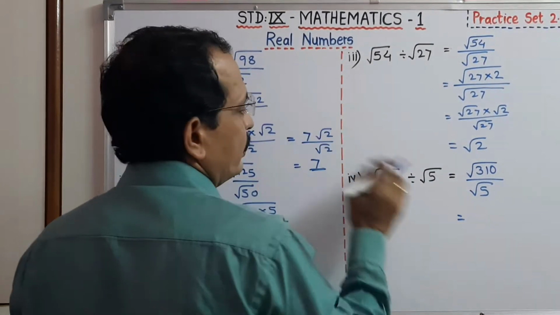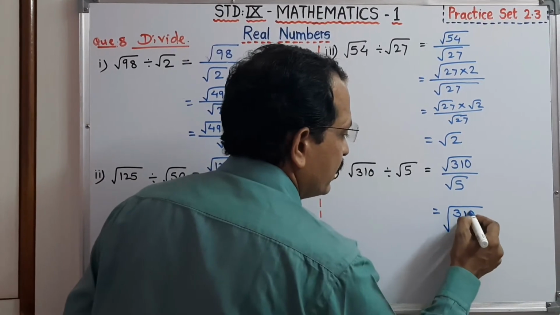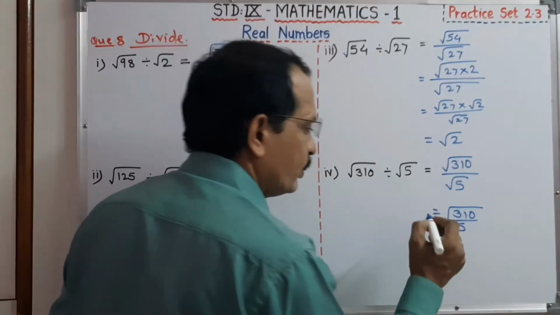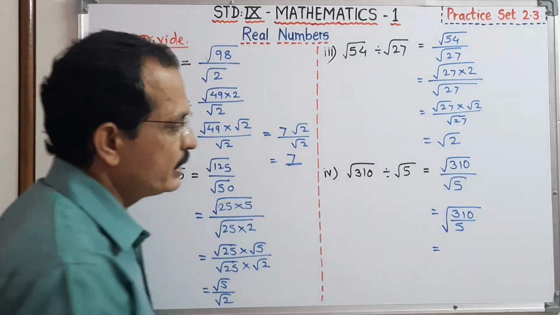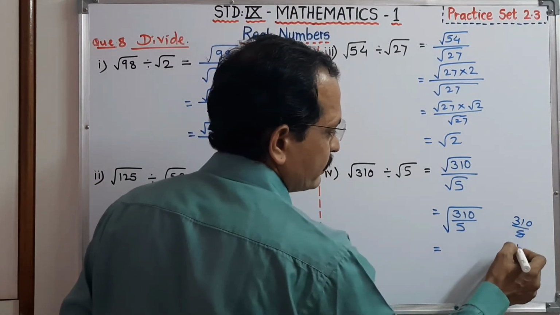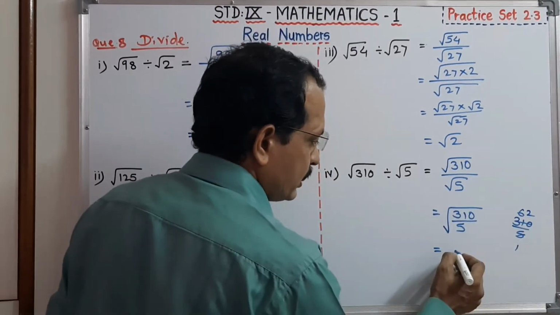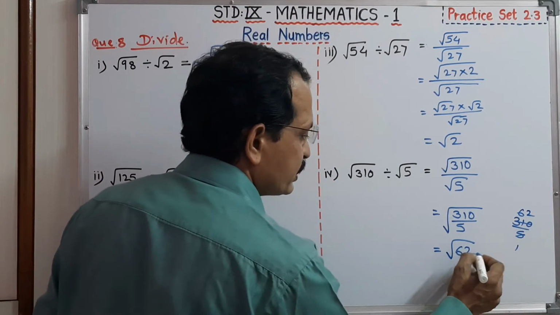Now, in the same way, we write 310 divided by 5. Now simplify this. Divide 310 by 5. 5 sixes are 30, and 5 twos are 10. Therefore it is under root 62.